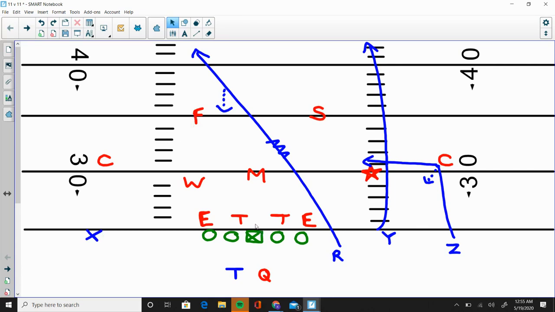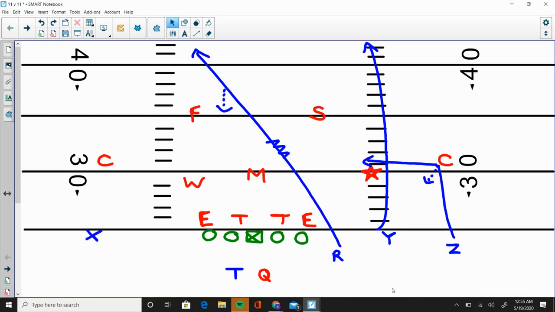And that depends on where this safety is in relation to that center line. So the center line drawn in and the safety's over here. That's called a 2-cap situation because we have 2 deep defenders over an isolated receiver. And if there's a 2-cap, quarterback is going to decide to play the 3-man side.